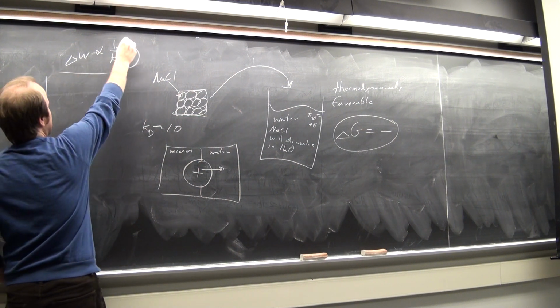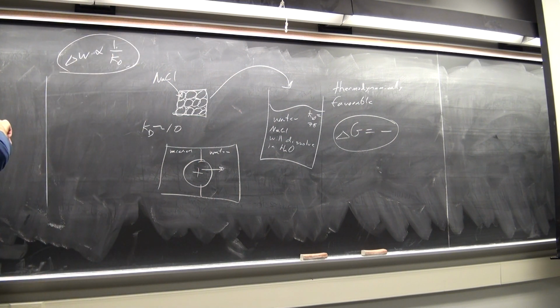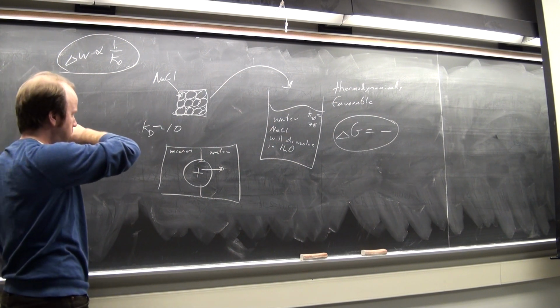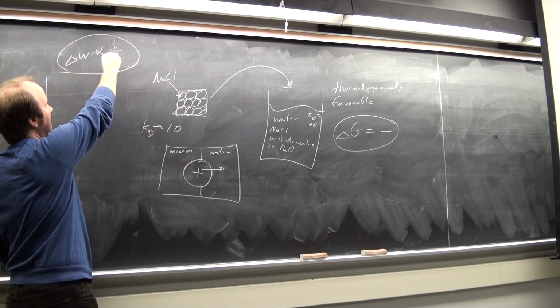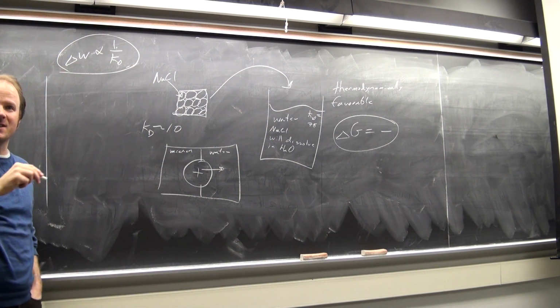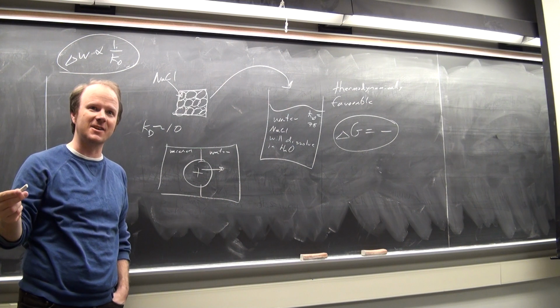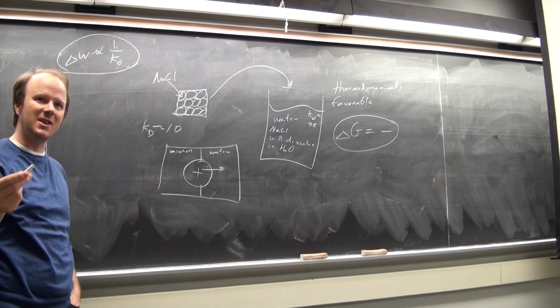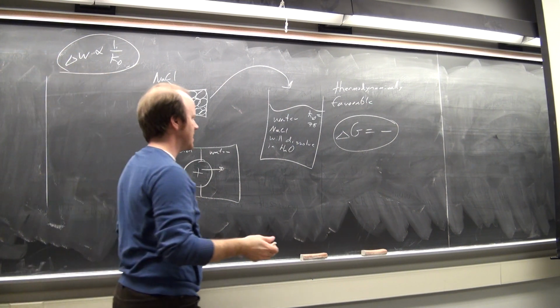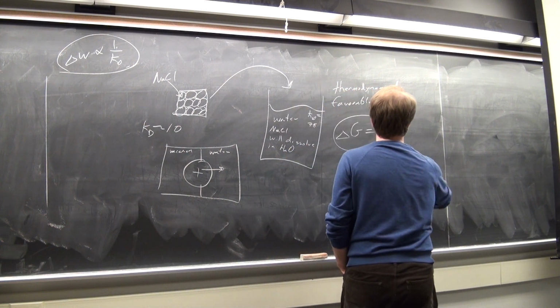So we can think about this Born energy and solubility in a very simple way. Higher dielectric constant media are more soluble, or ions are more soluble in high dielectric constant media. Ions are less soluble in low dielectric constant media. So let me just write this out.